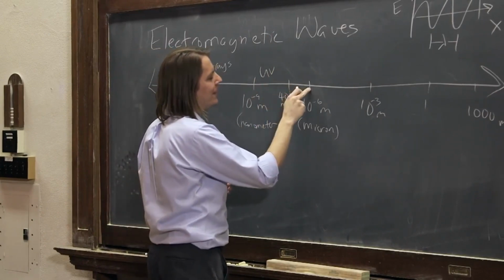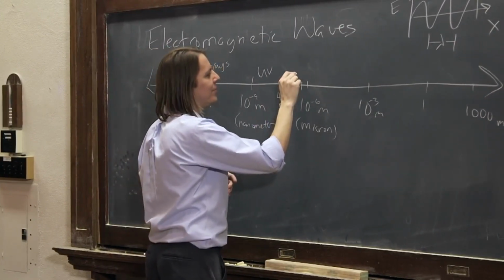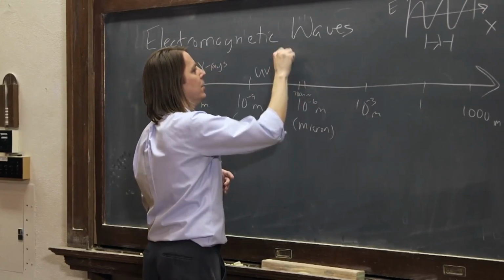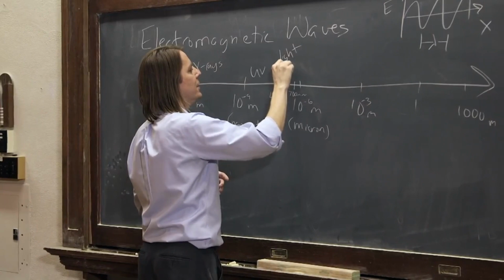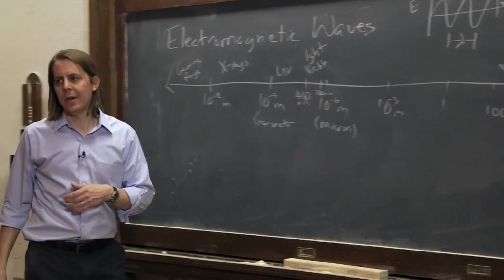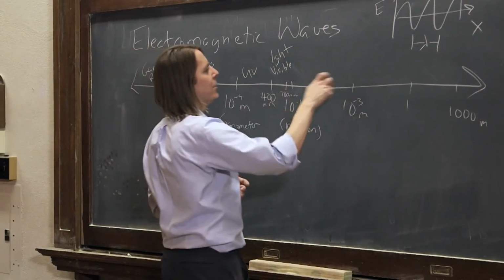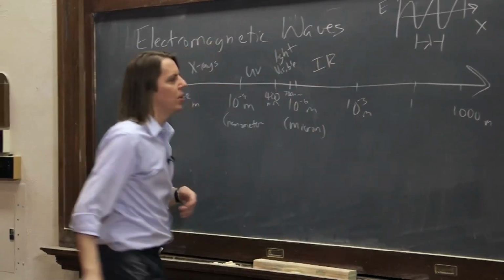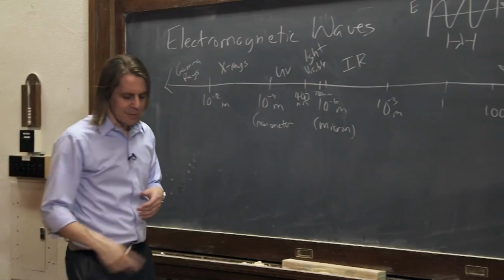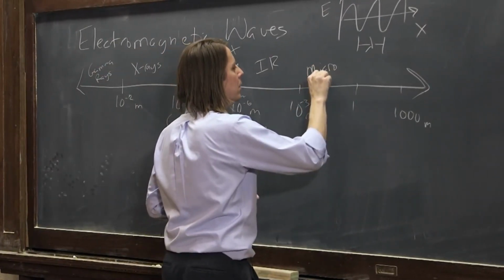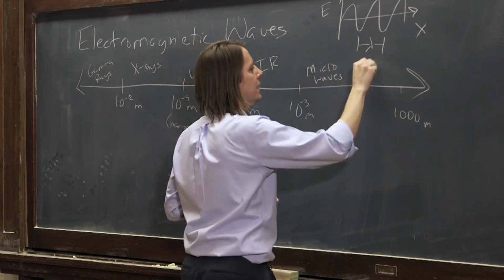And between 400 and about 700 nanometers, this is light, the light that we know, the visible light. If you keep going out to up to, say, a millimeter, this is infrared, also an electromagnetic wave. If you keep going out, you get into microwaves, and you get longer and longer, and you get into radio waves.